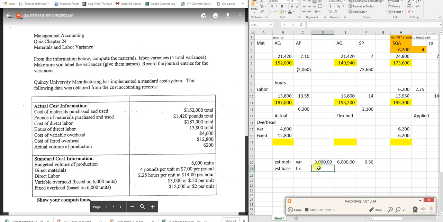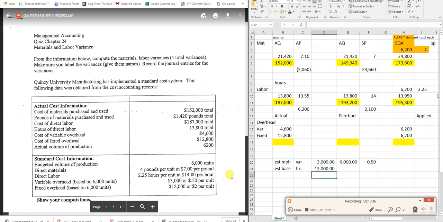And this one, I have $12,000. $12,000 divided by 6,000 units is going to give me $2 per unit. Okay, so this one is my applied, so I have 6,200 units that's going to be applied at 50 cents a unit for variable overhead.